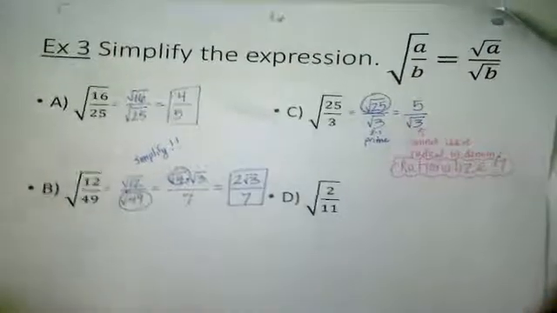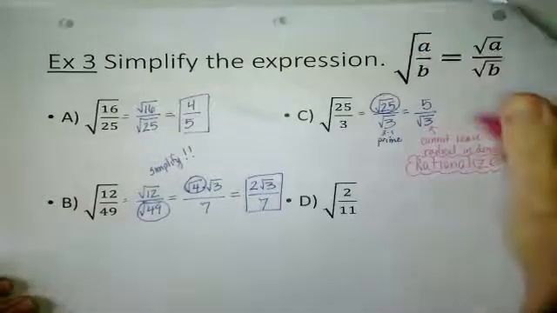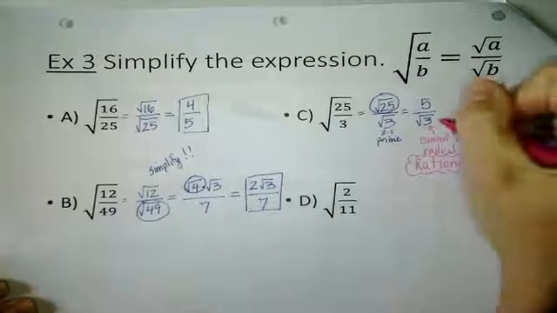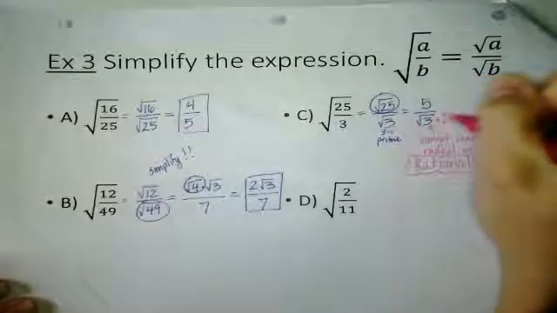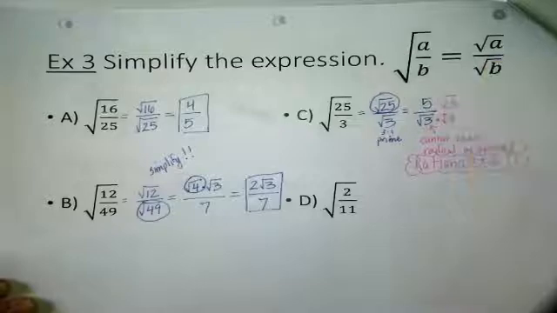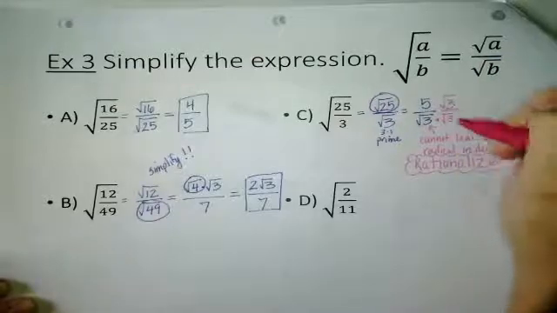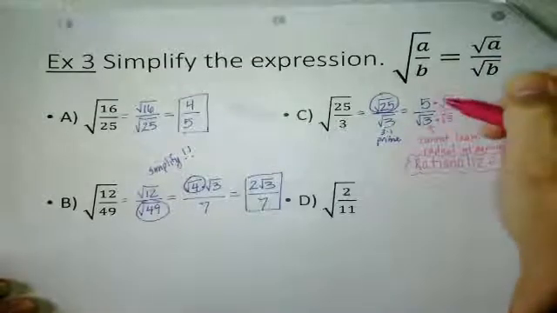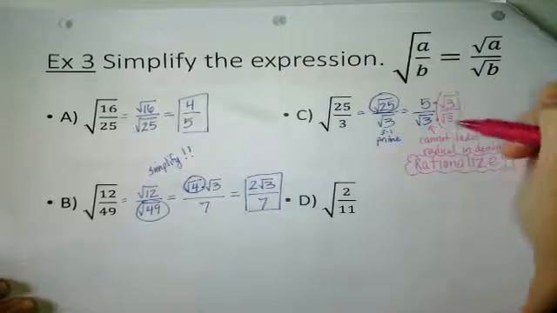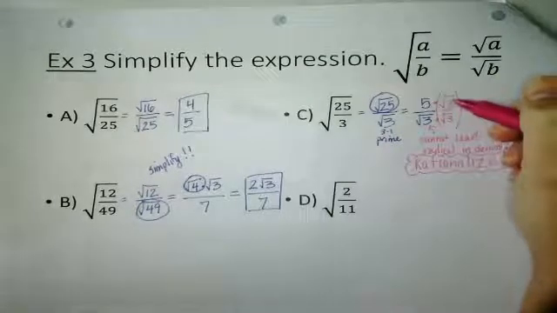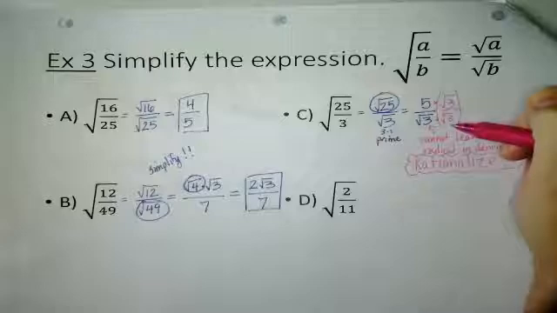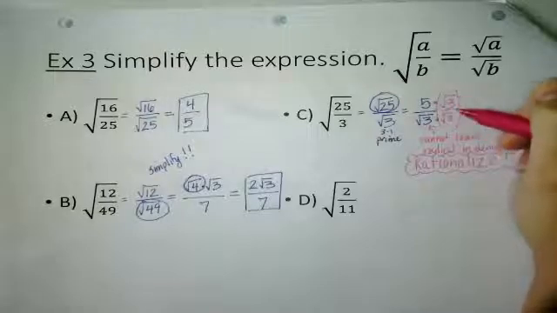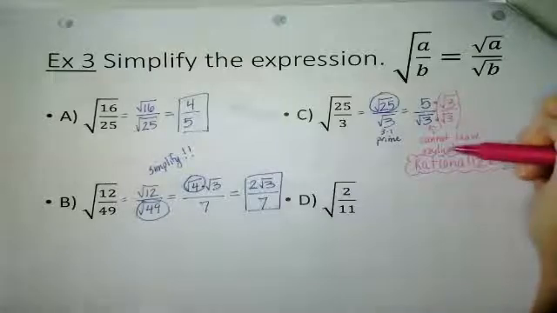And so we're going to rationalize, and the way we're going to do that is simply we're going to multiply top and bottom by our radical. We're going to multiply by radical 3 over radical 3. Now, radical 3 over radical 3 reduces to 1. How many times does radical 3 go into itself? 1 time.